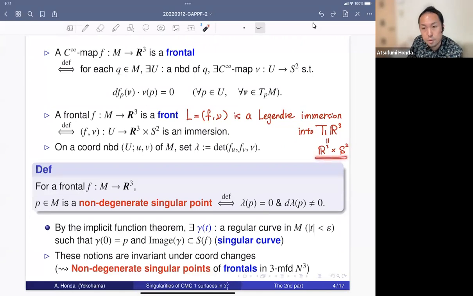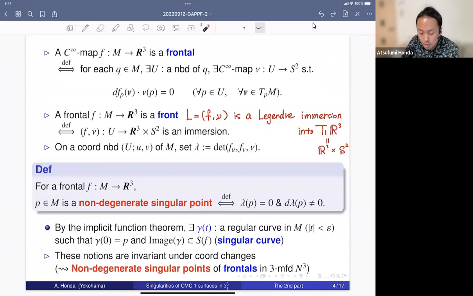R3 cross S2 is regarded as the unit tangent bundle of Euclidean 3-space. This manifold has a canonical contact structure. Then this condition is the isotropic condition, and the immersion condition implies this map is a Legendre immersion.